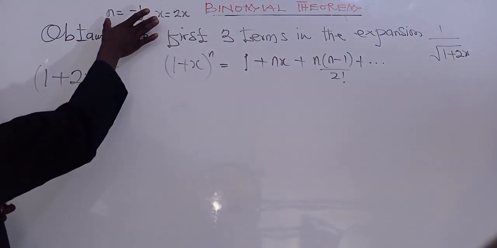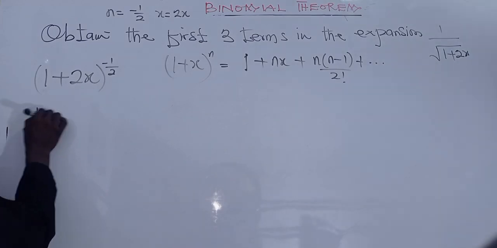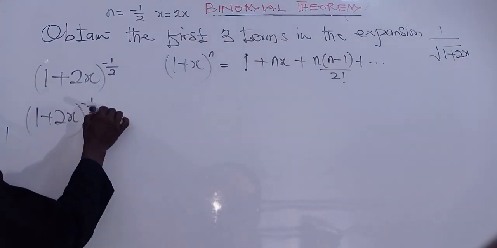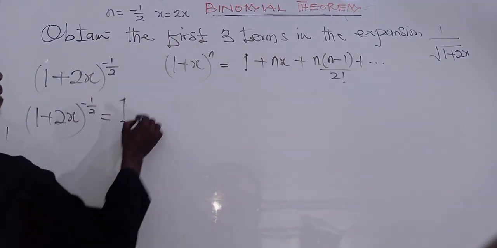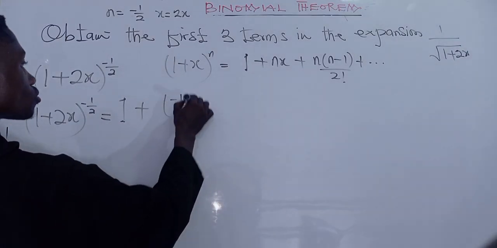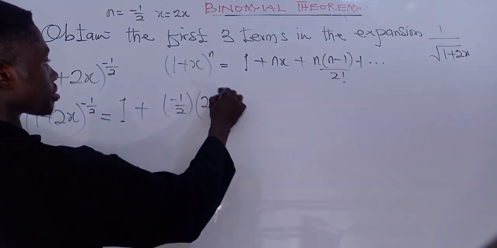So we are just going to substitute this into the formula. So we have 1 plus 2x raised to the power negative 1 over 2. We have our first term to be 1, our n is minus 1 over 2, and our x is 2x.